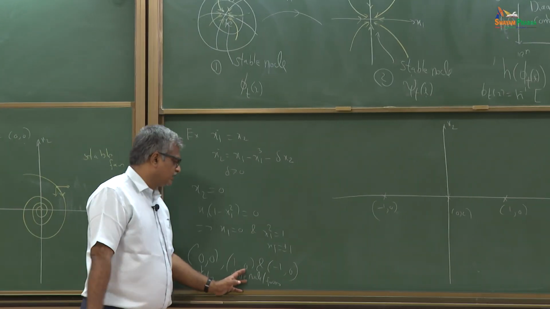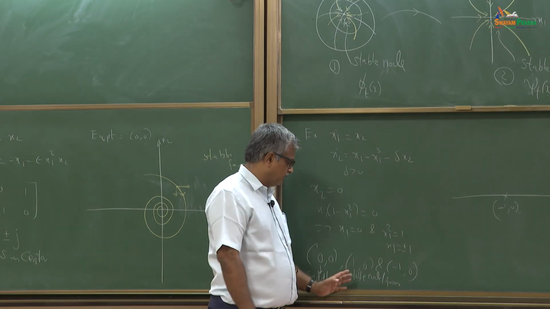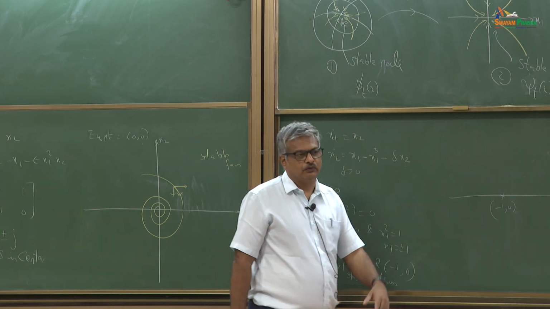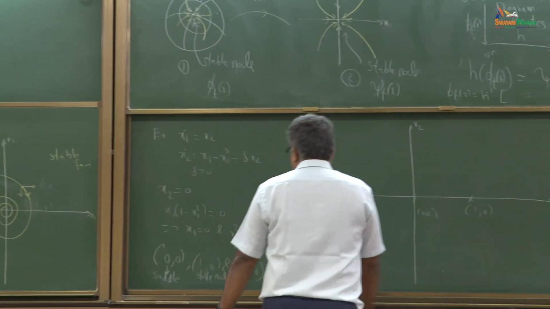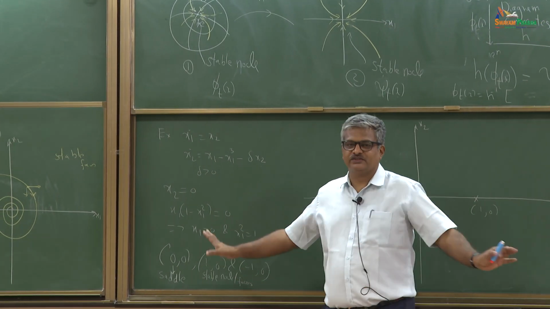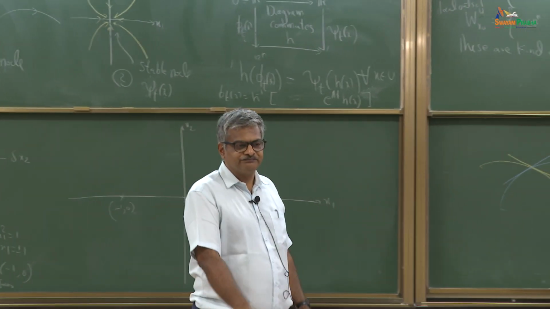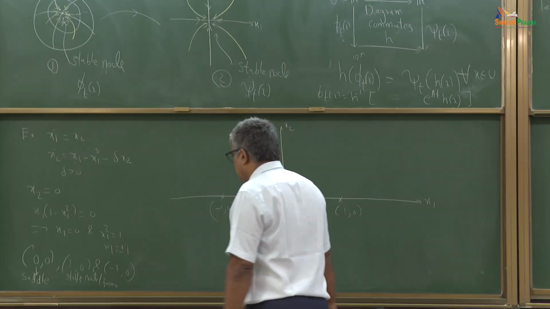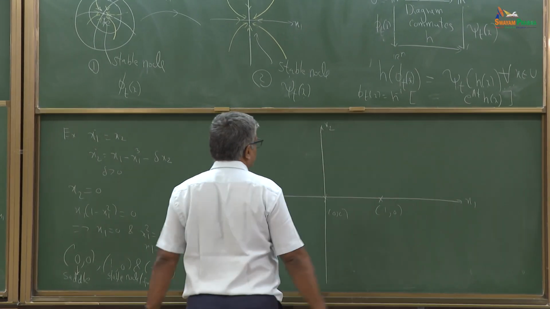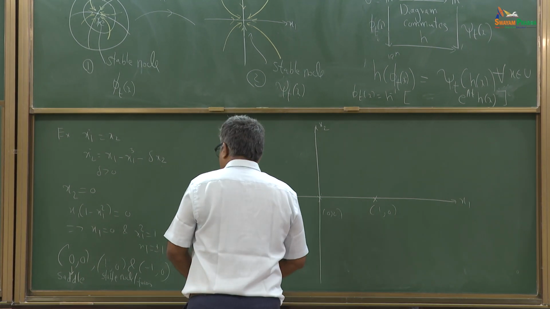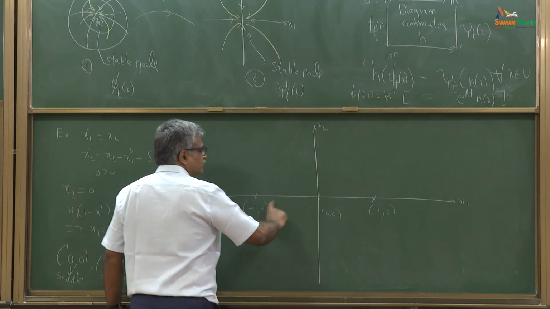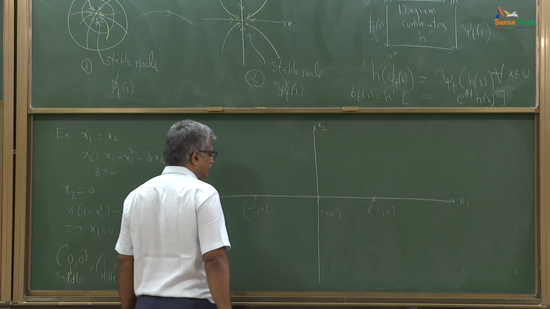It cannot be that this is a stable node and this is a stable focus. No, either both will be nodes or both will be foci. So this information is completely from your linearization eigenvalues. That's it, right? So what will be the global picture? These two are stable, say focus, right?